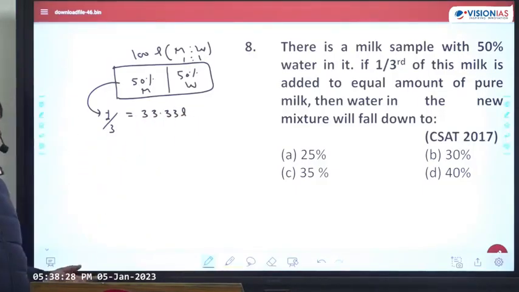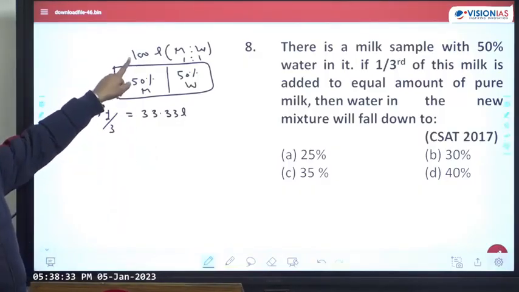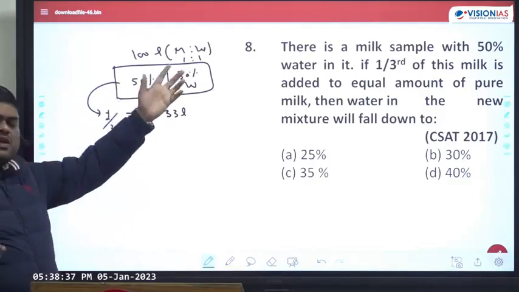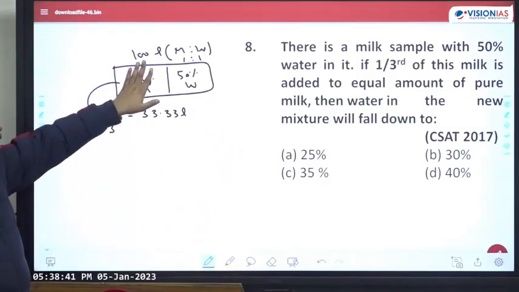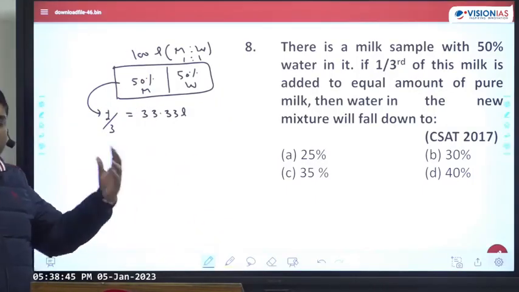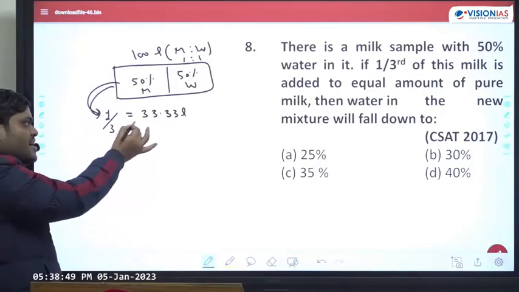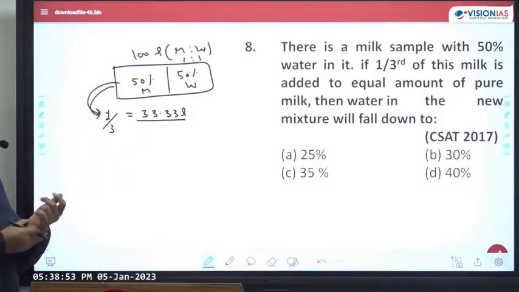So it's better if I multiply this by 3. Look, we have to take 1/3, so we can think of a number which is divisible by 3. The job is to make our question easy. Since 1/3 is coming 33.33, a decimal, how can we make this easy?